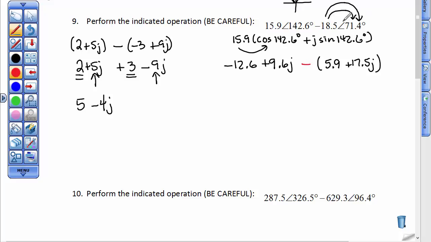Hopefully you didn't mind that I didn't write this out. I might go ahead and do it. So what I did just now is I took 18.5 times the cosine of 71.4 degrees, and then I took 18.5 times the sine of 71.4 degrees to get this rectangular form.